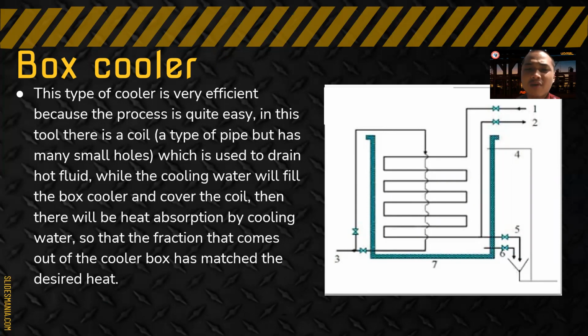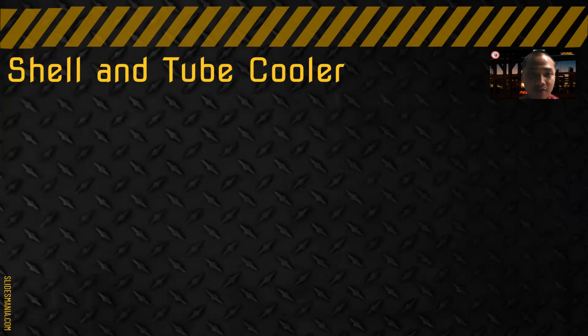A coil is a type of pipe but has many small holes, which is used to drain hot fluid, while the cooling water will fill the box cooler and cover the coil. Then there will be heat absorption by the cooling water, so that the fraction that comes out of the box cooler has matched the desired heat.